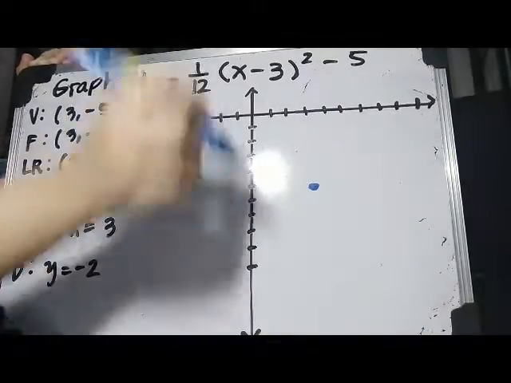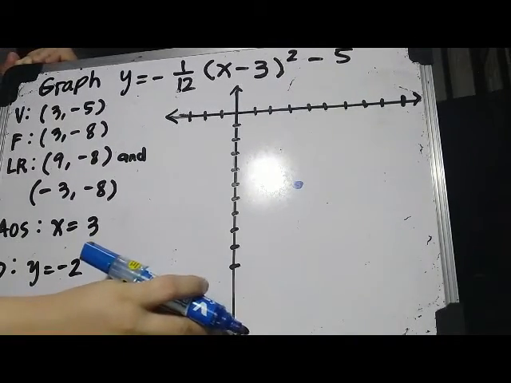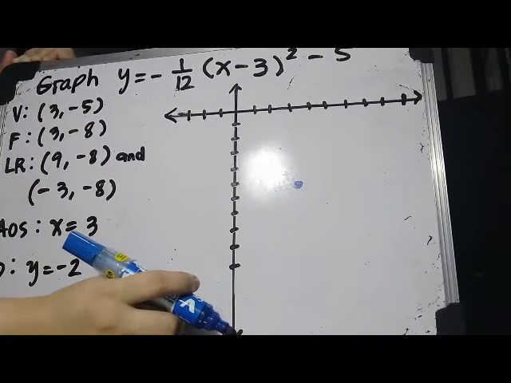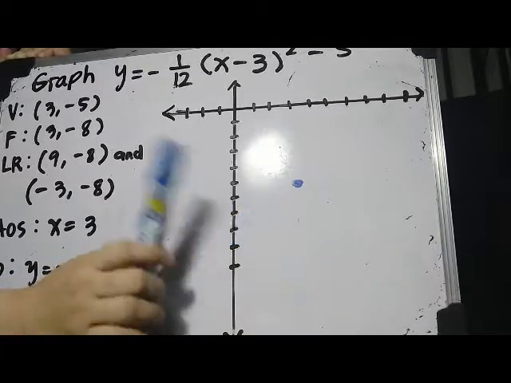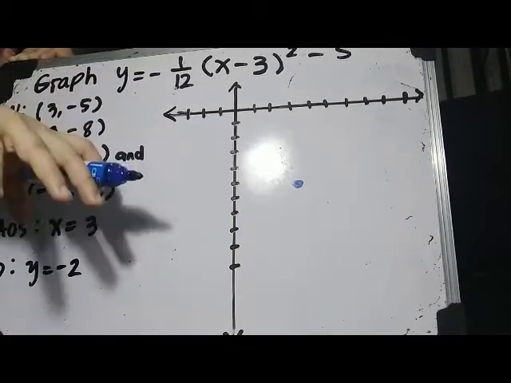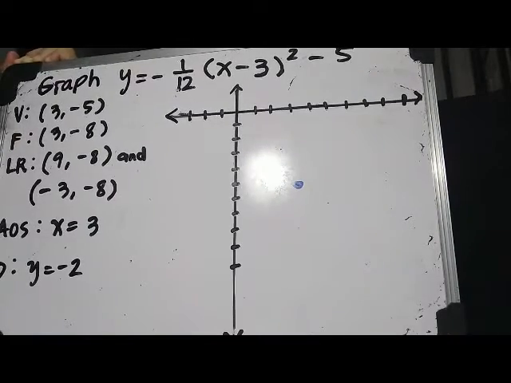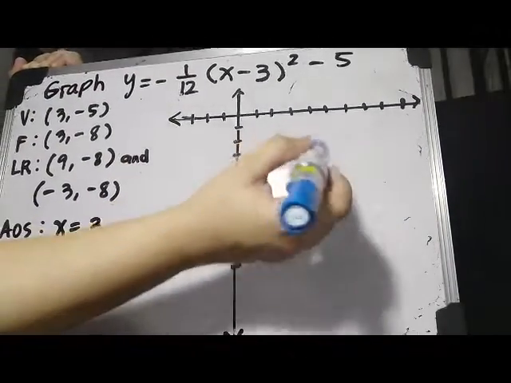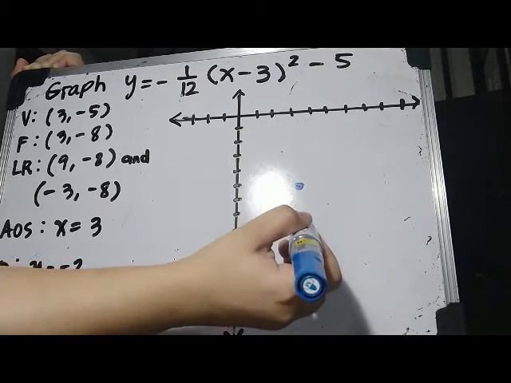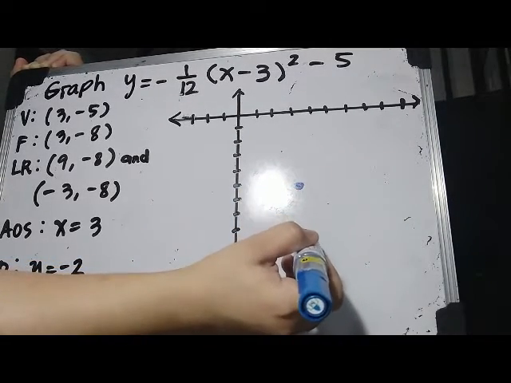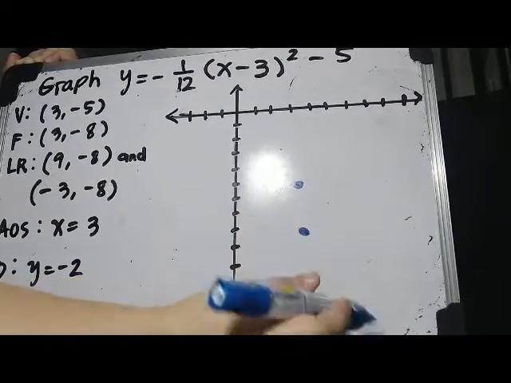And then our focus is (3, negative 8), so it's going to be down here, because our parabola is opening downward, so our focus is going to be below the vertex. So let's plot that one. 3, negative 8. So it's negative 5, negative 6, negative 7, negative 8. So our focus is right here. Vertex and then the focus.